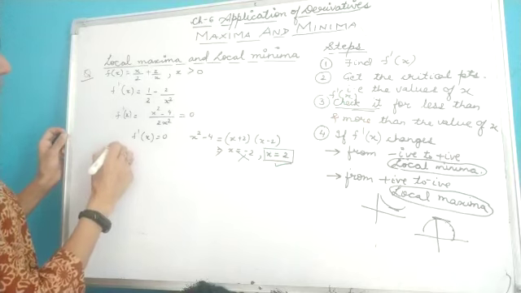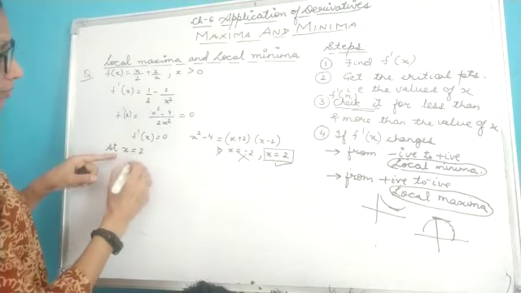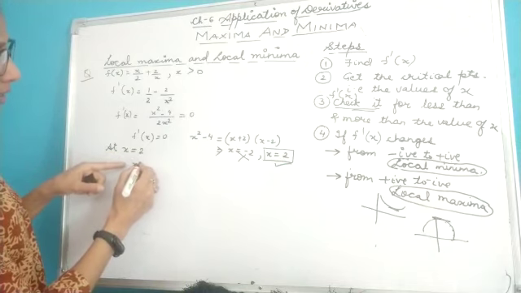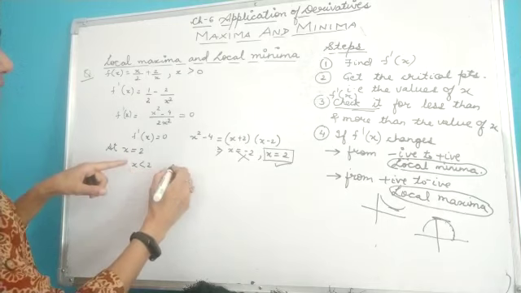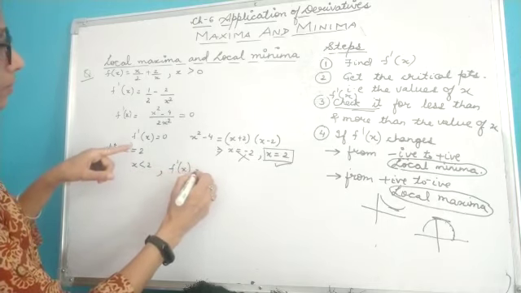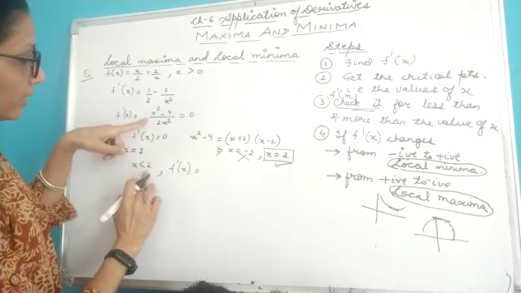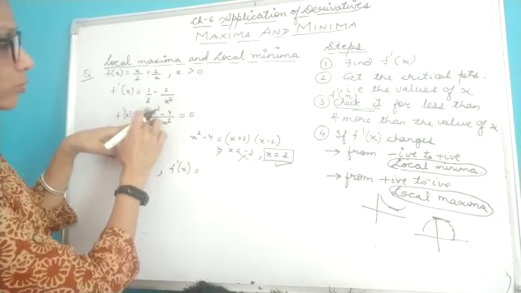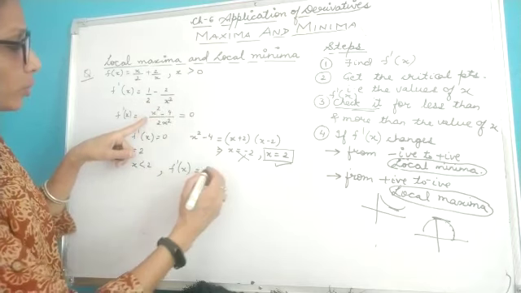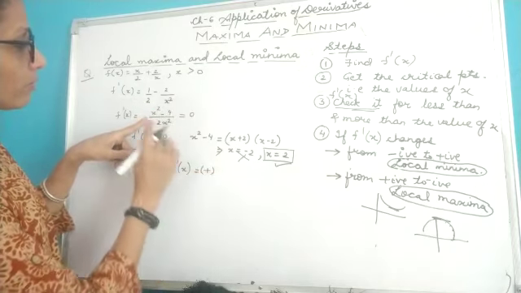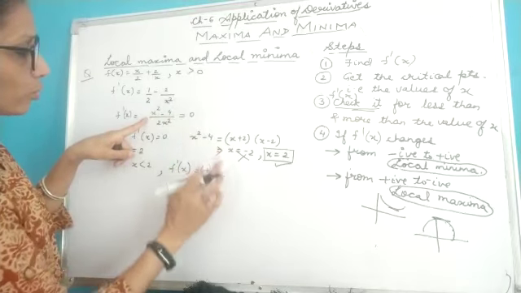So I will be calculating it for x equal to 2. If your x is slightly less than 2, then what is your f dash x? This is your f dash x. If I take slightly less than 2, since it is a square, the perfect square will always give you a positive value. So this is a positive value, this is again a positive value, so don't consider this.